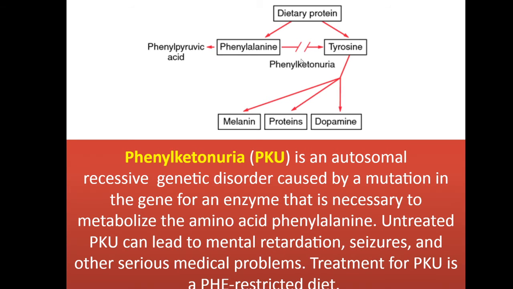So its active site isn't the right shape to interface with the phenylalanine. Instead of getting converted into tyrosine, which then gets turned into all different stuff, it gets turned into an acid. As that acid builds up, it causes some pretty severe issues. You can see them down here, a lot of neurological disorders. But that's all because of one protein.